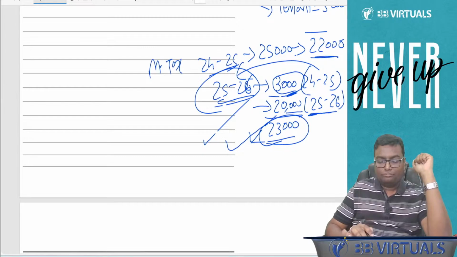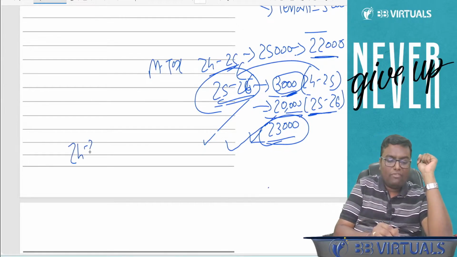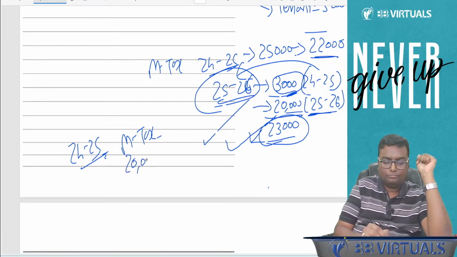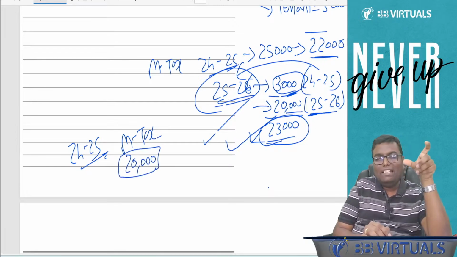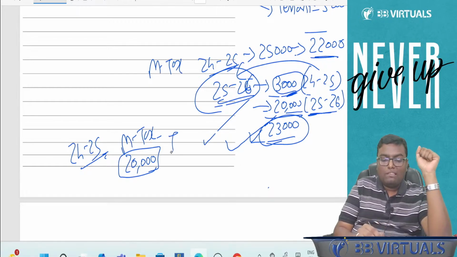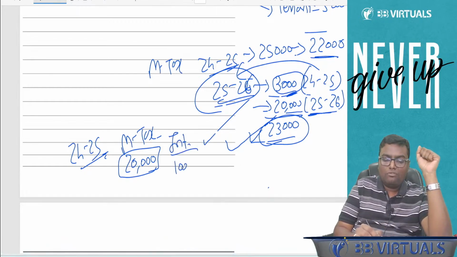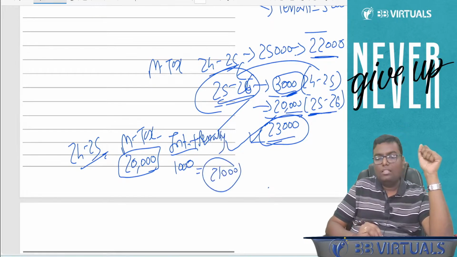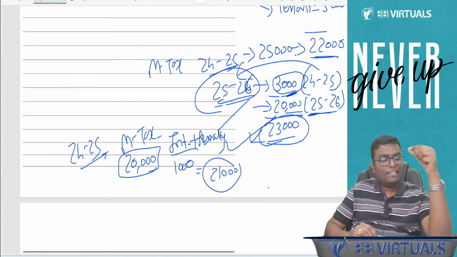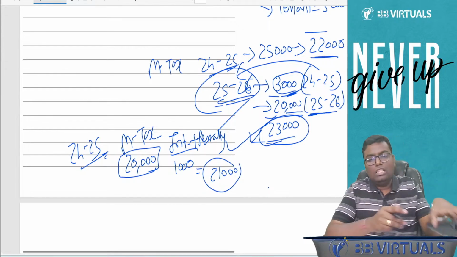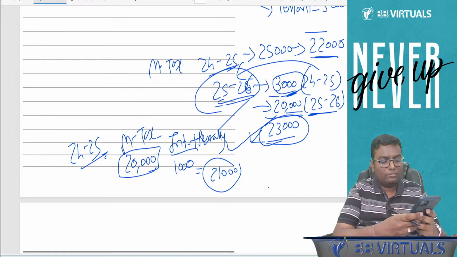Acha, now let's say during the year 24-25, I paid municipal tax of 20,000, but there was a delay of 1 month or so. So basically the government charged interest and some penalty also, totaling 1,000. Total I paid 21,000.